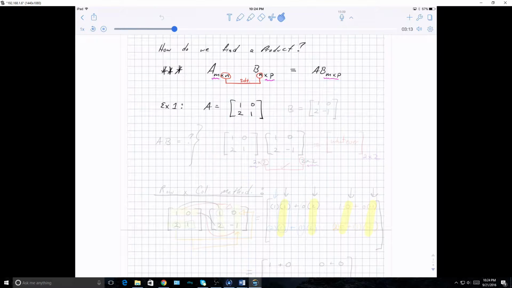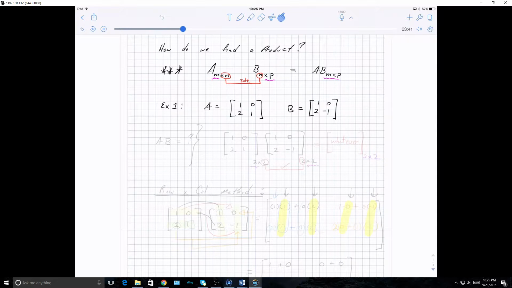And B, let's say, is a 1 and a 2. Actually, maybe we should start out with something a little more typical. Let's just say 0 and negative 1. Okay, so I'll just change that there.